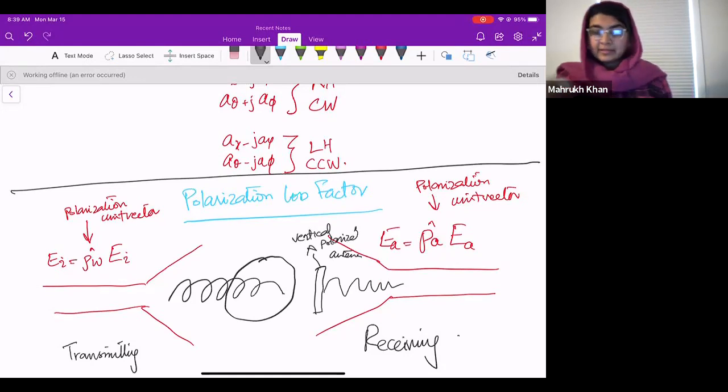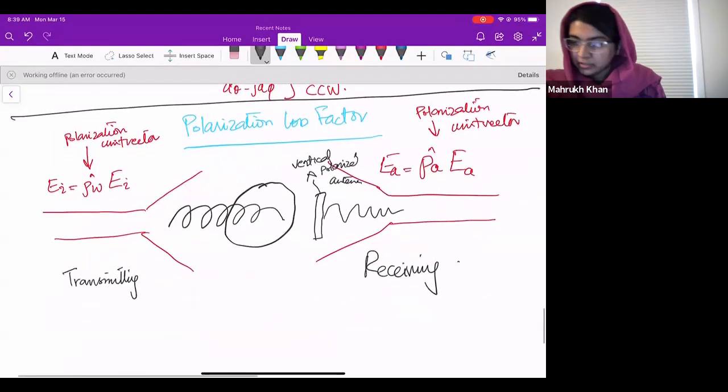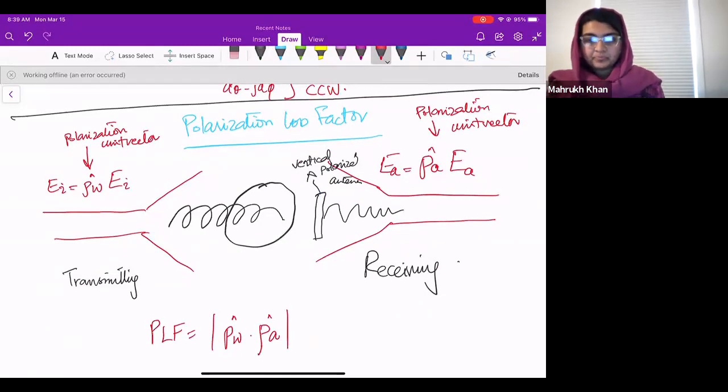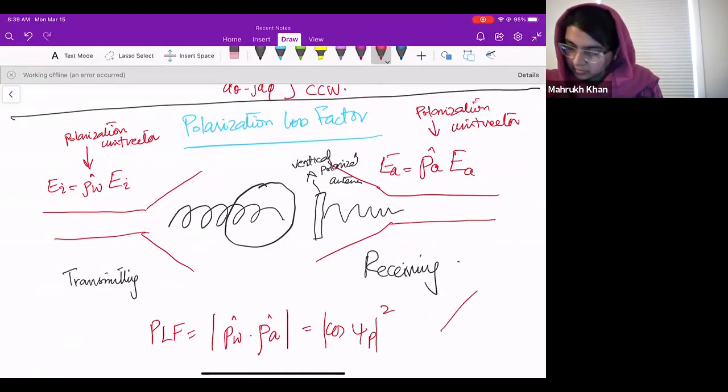So we need to find out how much signal we are losing and what our polarization loss factor is. For that, the polarization loss factor is the dot product of the polarization vectors of the transmitting and receiving signals. If they are unit vectors of unit magnitude, it will be the cosine of the angle between both of these vectors.